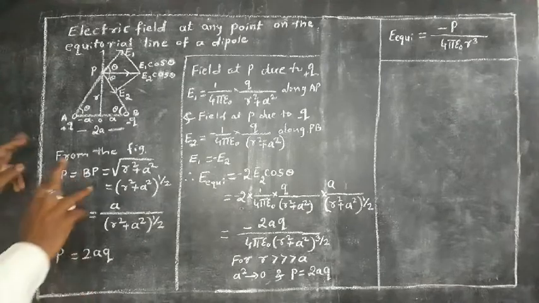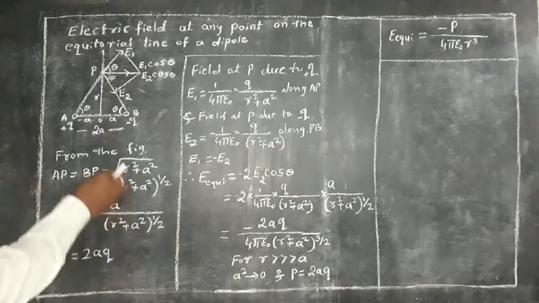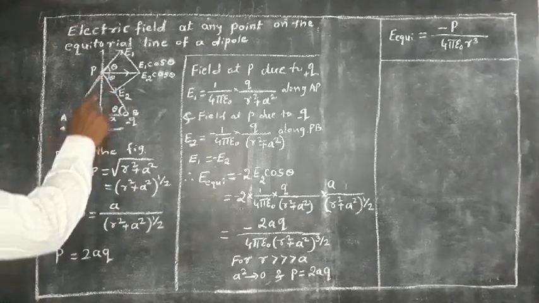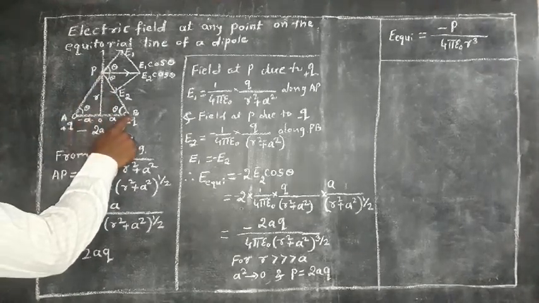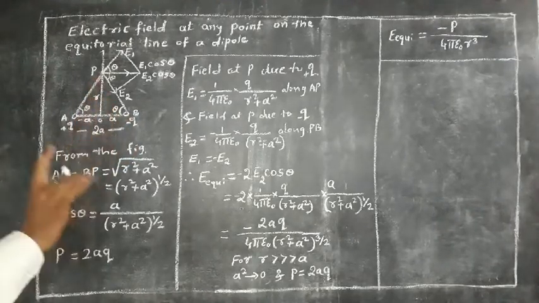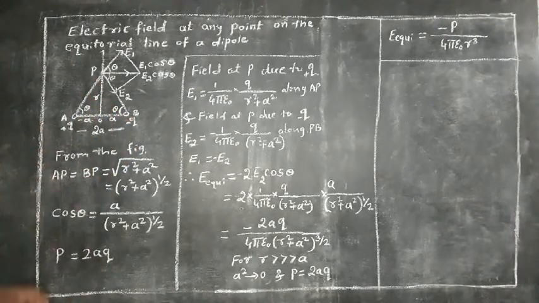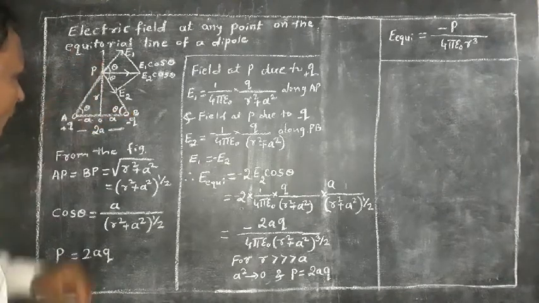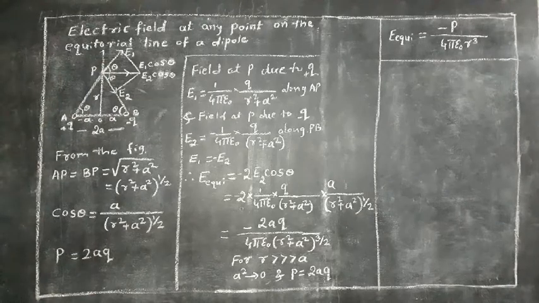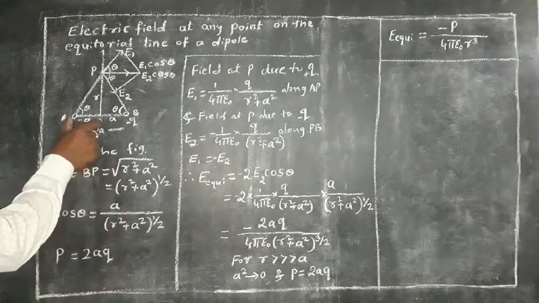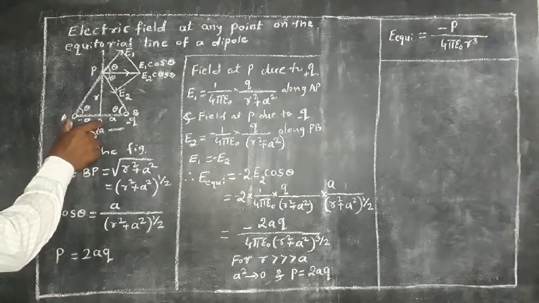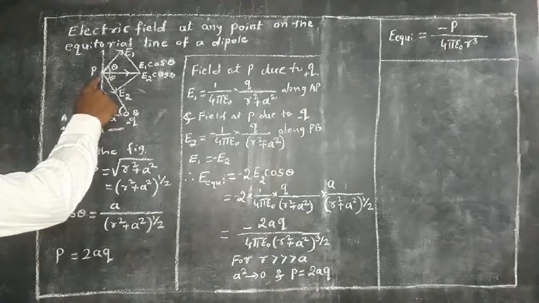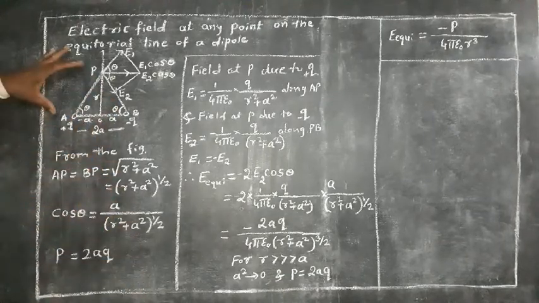Now from the figure, triangle AOP and triangle BOP are similar and the distances AP and PB are equal. Then OA equals a and OP equals r, so AP can be found using the Pythagoras theorem.